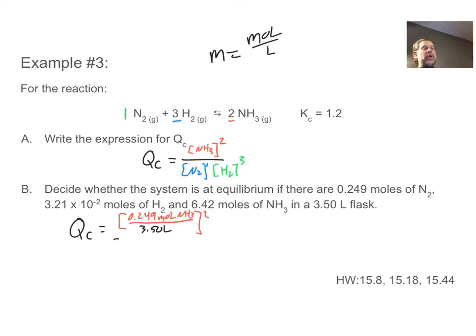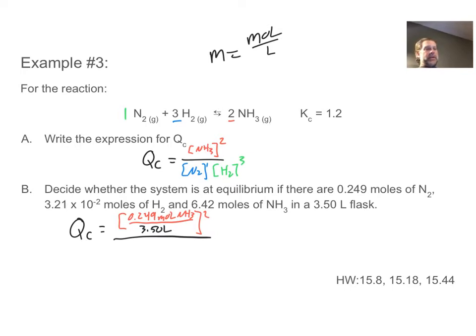I'm then going to do the exact same thing for the N2, which in this case, we know that the amount of N2 is 0.249. Did I screw that up? Shoot, I did. Let me go back and fix this. I made a mistake. It happens.